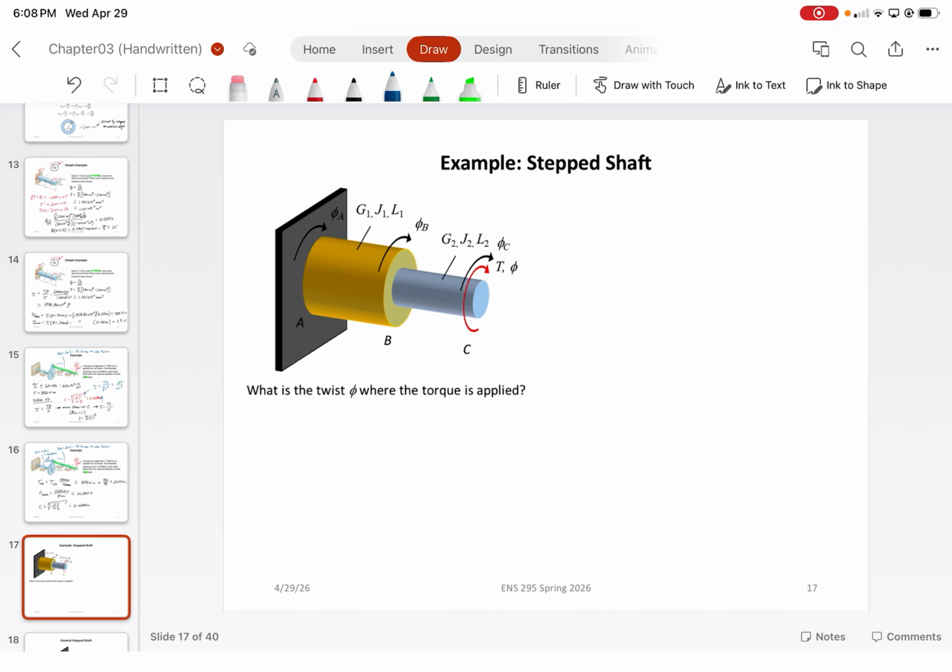All right. Now we get into the realm of stepped shafts. So just bringing this up a little further. From statics, we should be able to tell that, let's say this is shaft 1, and then this is shaft 2.